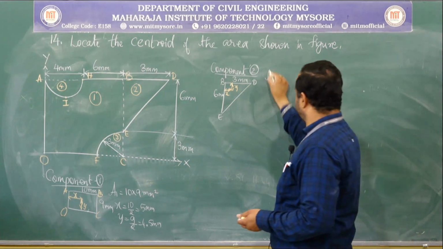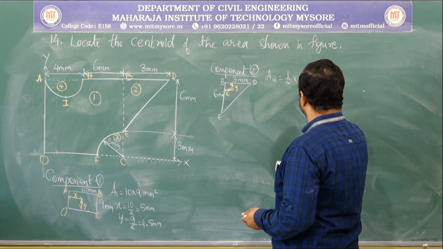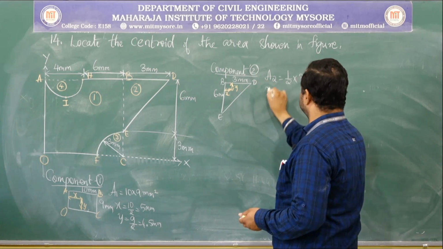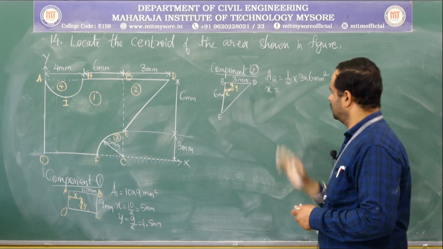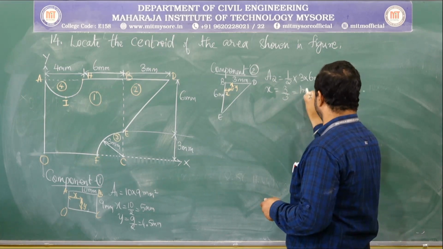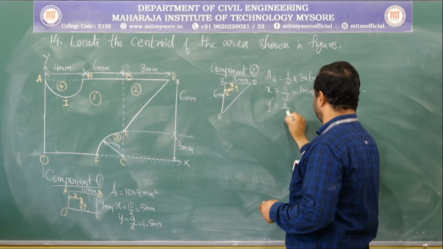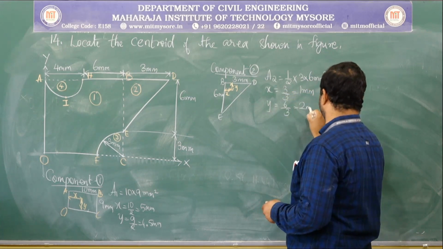Now, coming to its area, A2 is equal to half into 3 into 6 mm square. Now, x is equal to 3 by 3, 1 mm, and y is equal to 6 by 3, which is equal to 2 mm.